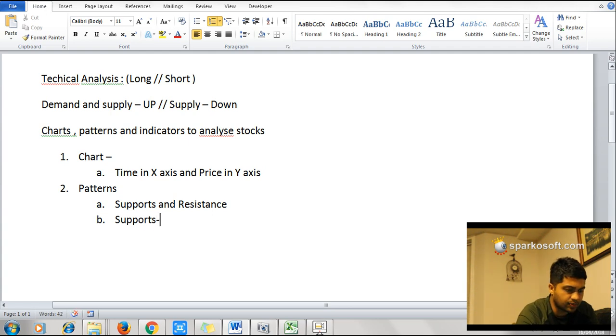So what are supports? Supports are prices at which a stock may experience the entry of new buyers.